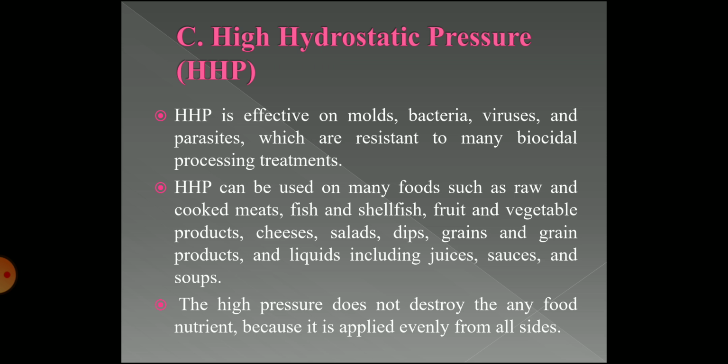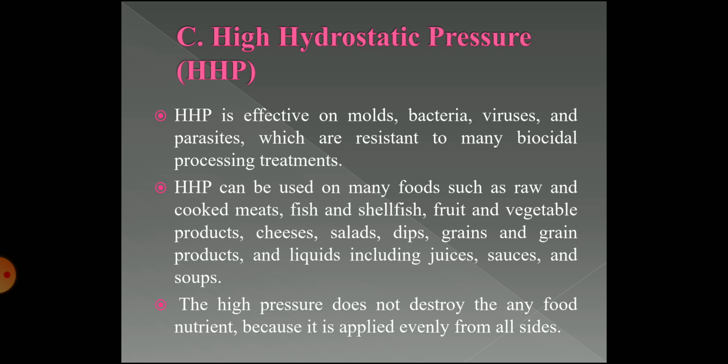Then third one is high hydrostatic pressure. It is also called HHP. This HHP is effective on mold, bacteria, viruses and parasites which are resistant to many biocidal processing treatments.